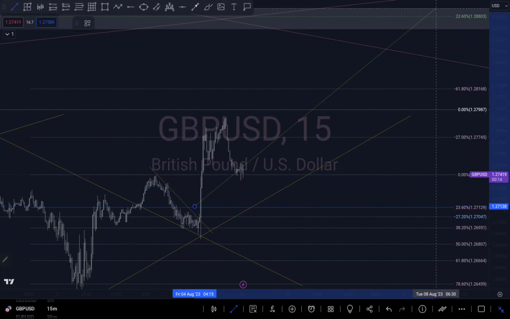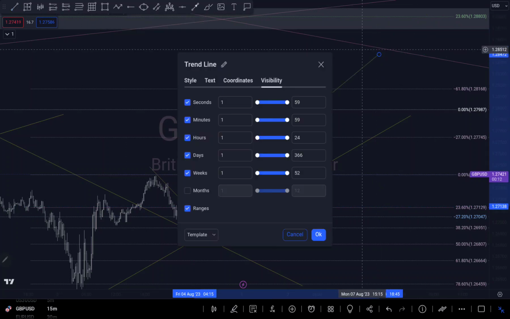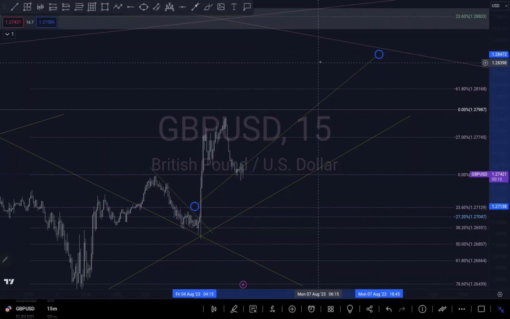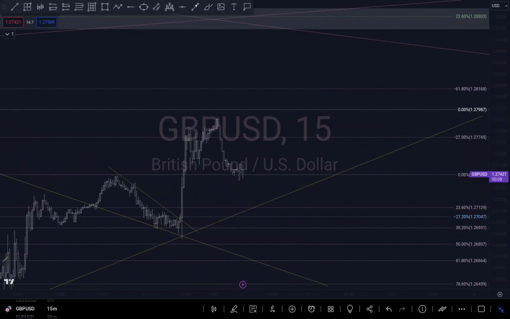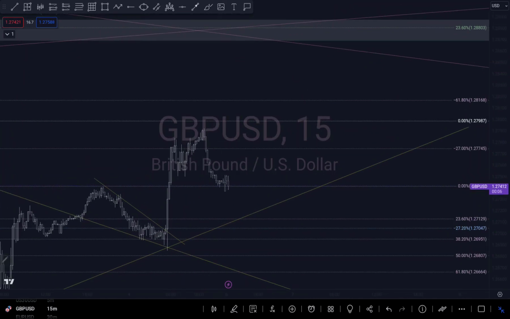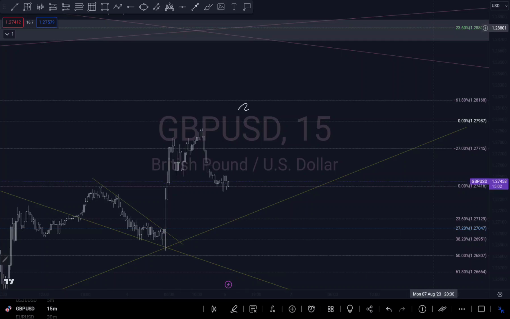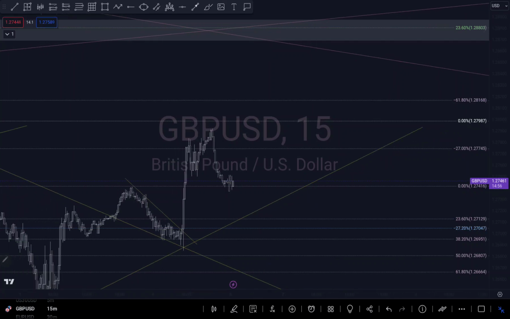I know right now it's a little bit confusing, and that is because I want to draw a fib level right here, but I can't draw a fib level because to draw a fib you have to have point A and point B, and I don't have my point B yet because it hasn't retraced yet. But I think I'm just going to go with the flow, and I think I'm going to reject.